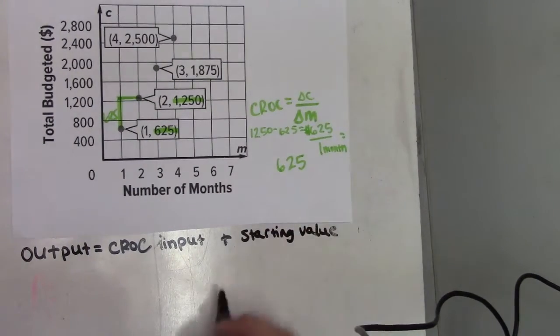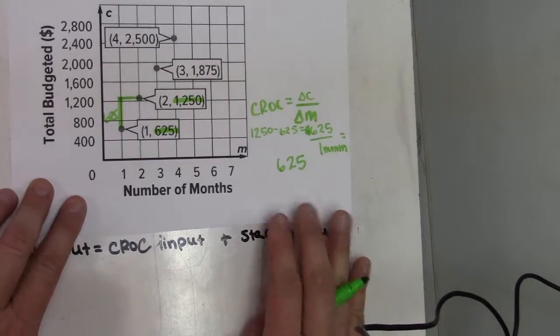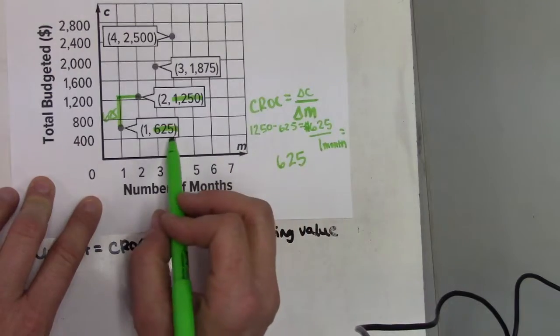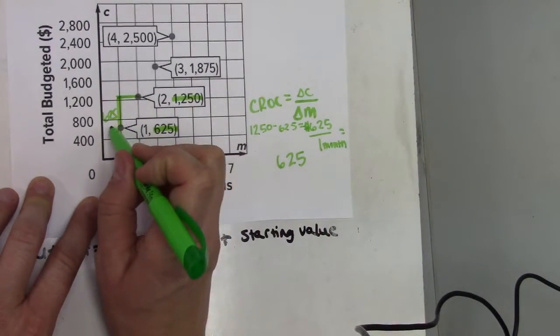We need to figure out what's the starting value. So just like in the previous problem, if we know that every month they are budgeting $625, and at month 1 they start at $625, well, we could go back to month 0.